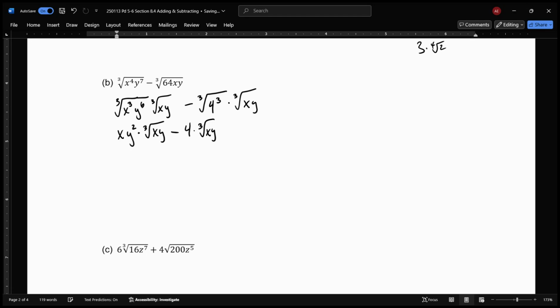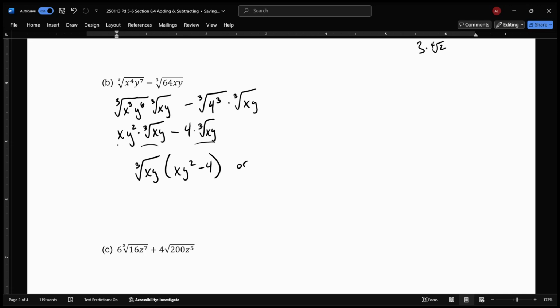We're going to find a way to either talk about this as factoring out that cubed root of xy, and we can write it like this. Or I guess I would just say they have like terms. I do have to subtract their coefficients.